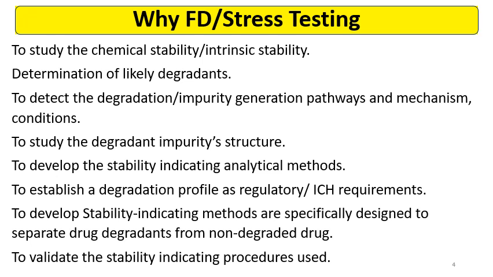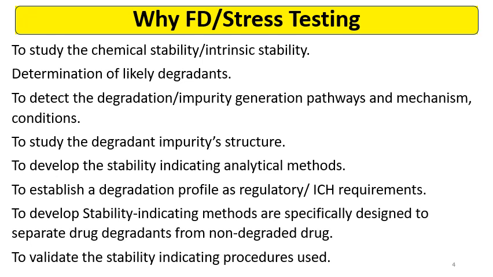Then these are used to detect the degradation impurity generation pathways, their mechanisms, and the conditions in which the degradation happens. It is also done to study the degradant impurity structure, to develop stability indicating analytical methods, and to establish a degradation profile as a regulatory and ICH requirement. To comply with those requirements, these studies are done. Stability indicating methods are specifically designed to separate drug degradants from non-degraded drug.